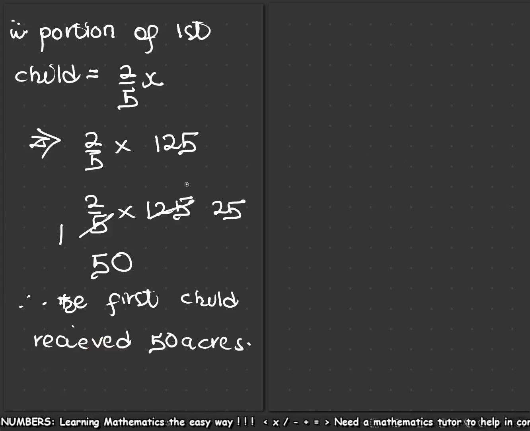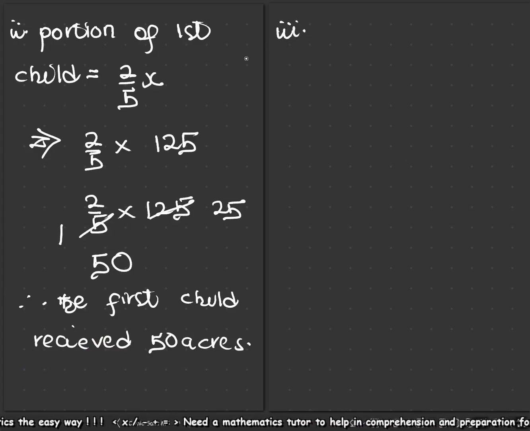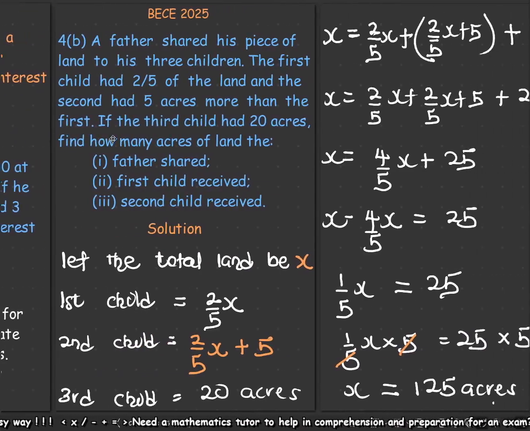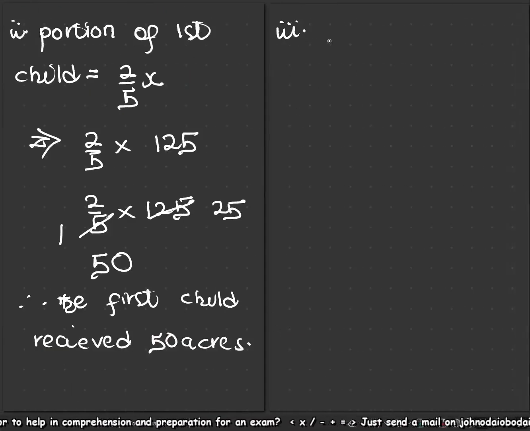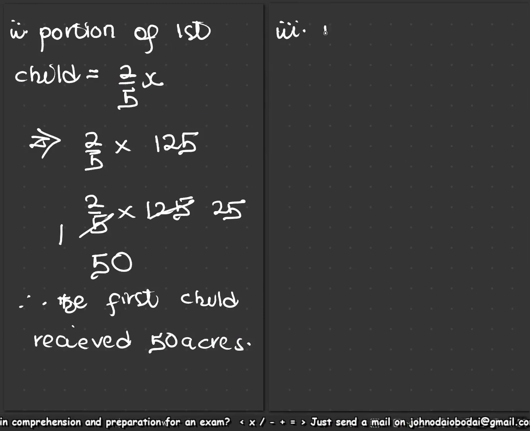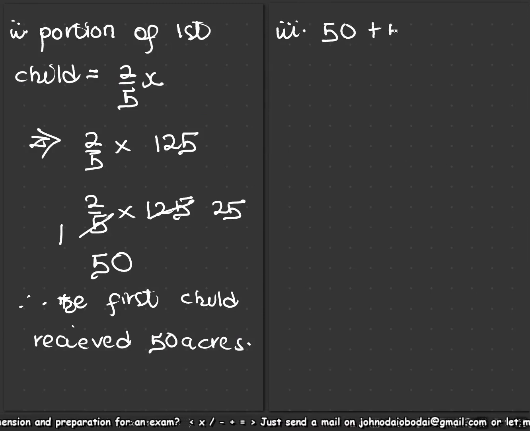50 acres. Now, the next part says, how much does the second child receive? So, the second child, we said 2 over 5 X plus 5. 2 over 5 X is how much the first child received, then plus 5. We know how much the first child received, so that is just 50 plus 5.